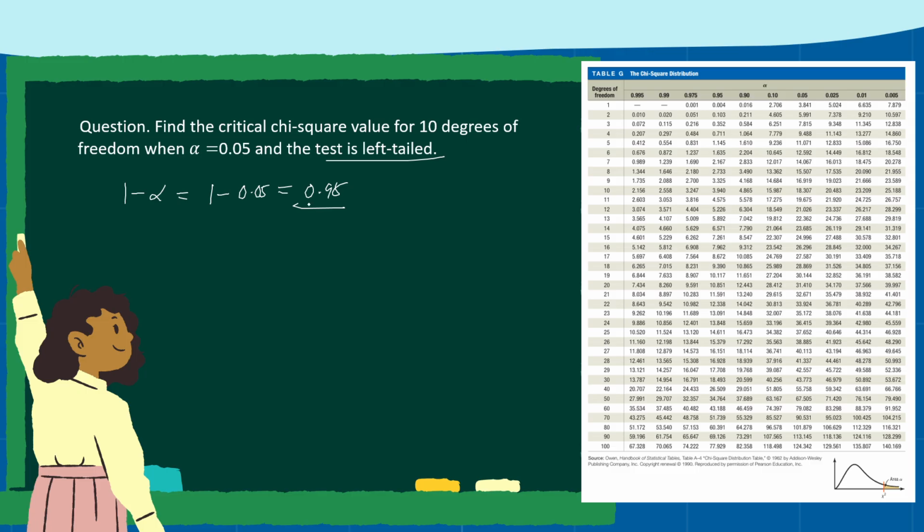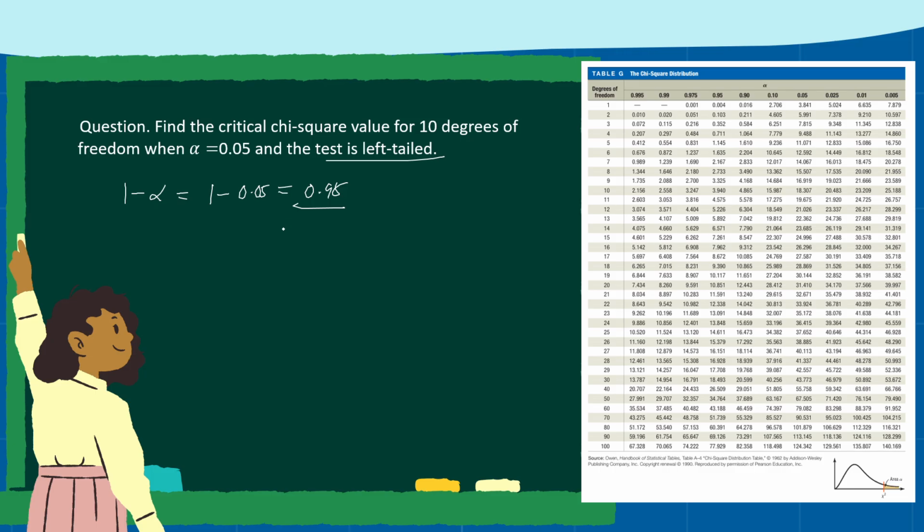So the left side of the table is used because the chi-square table gives the area to the right of the critical value, and the chi-square statistic cannot be negative. In this case, 95% of the area will be to the right of the value.